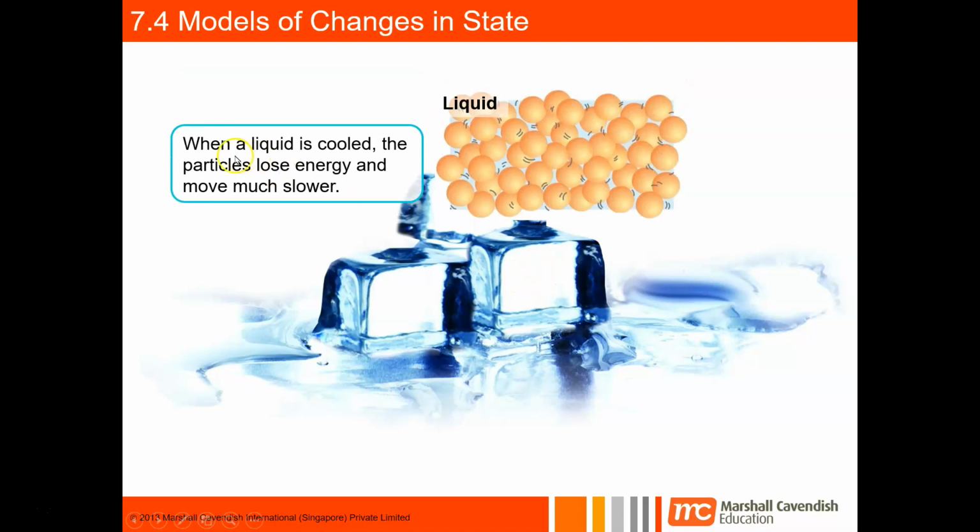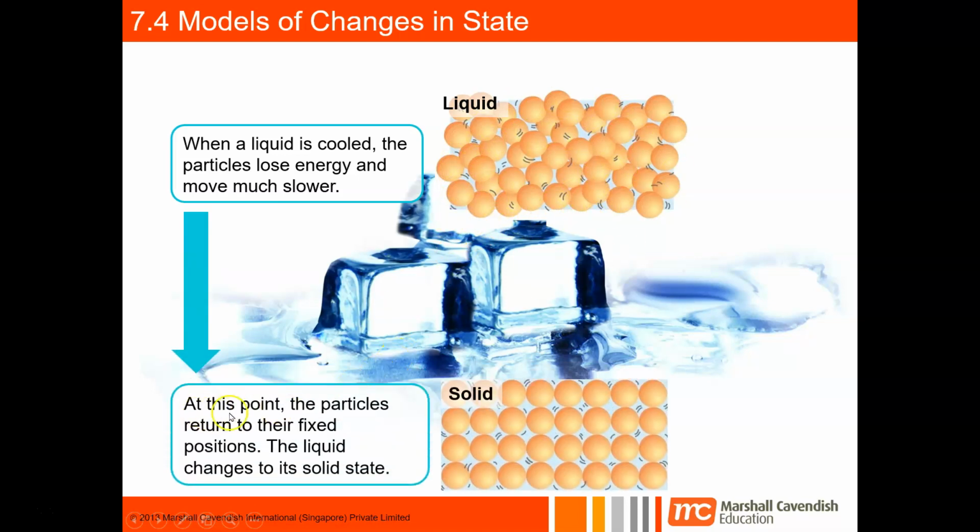And when the liquid is cooled, the particles would lose energy and start to move much slower. So same story. Remember that there are bonds in between the particles, and when you lose heat, the bonds start to get stronger. So the bonds become stronger, and therefore it starts to become more orderly.